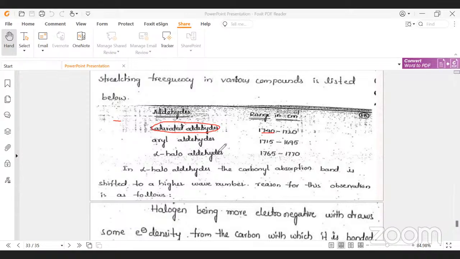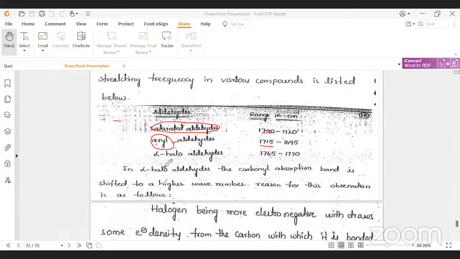Then aryl aldehydes: the wave number has decreased. Why does it decrease? Because the aryl group is an electron donating group to the aldehyde. If an electron donating group is there, the force constant decreases, and the frequency, the wave number, also decreases.